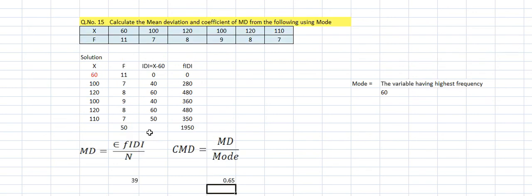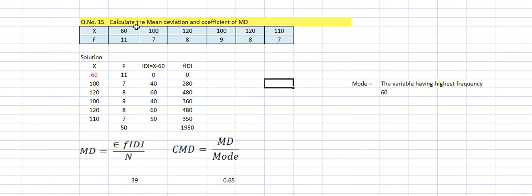If the question is silent, that is, which one to use, the mean, median or mode, if it is not given in the problem, what do you need to select? You need to select any method, mean base, median base or mode base. There is no restriction on the selection of the mean, median or mode. I will show you an example.